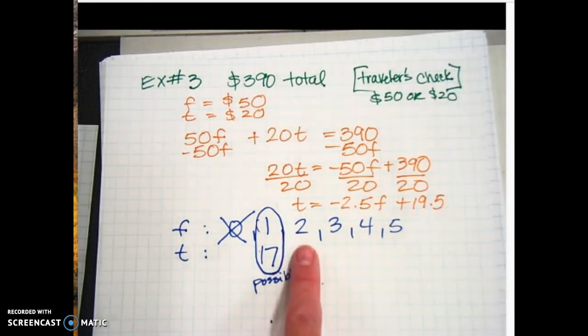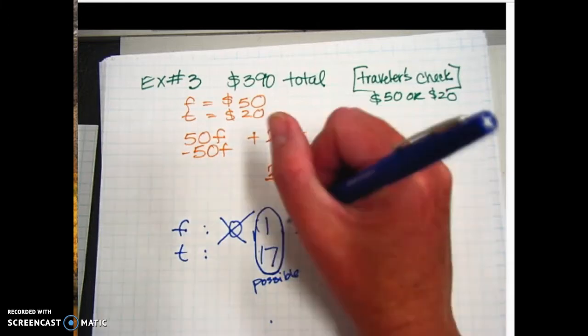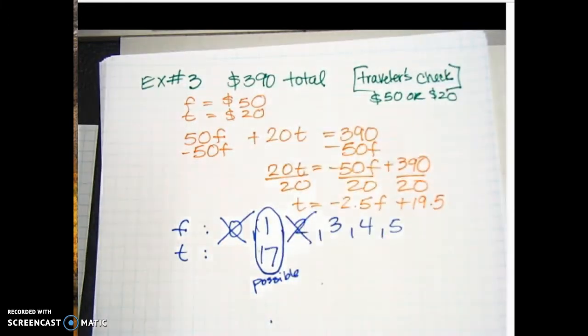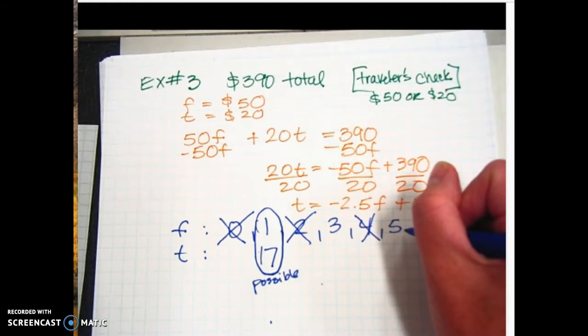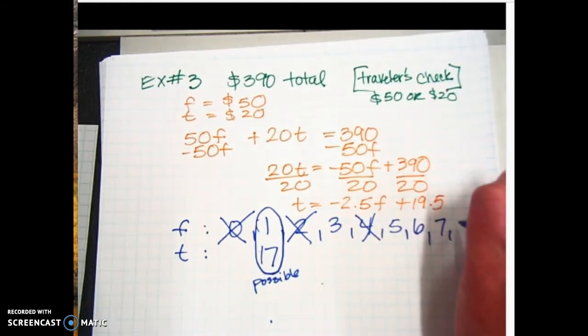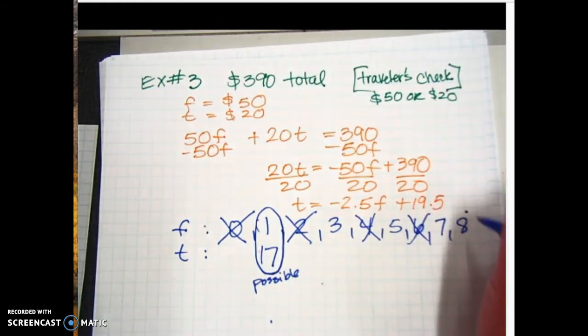All right, let's try 2. If we have 2 50s, how much is that? $100. So can we have 20s getting up to 290? Nope. So can anybody tell me something about even numbers? They're not going to work, right? So 4 wouldn't work, 6 wouldn't work, 8 wouldn't work, right?